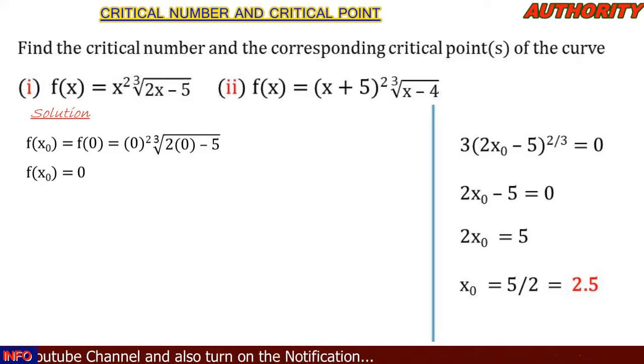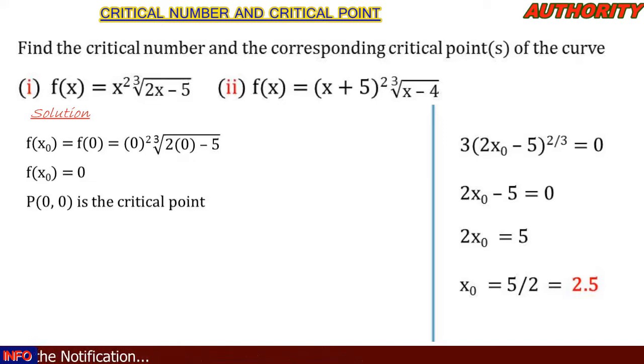Therefore, for x naught equal to 0, the corresponding critical point is p of 0 comma 0. You get it? Here we have p of 0 comma 0 as the critical point.